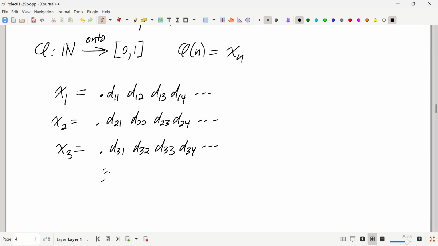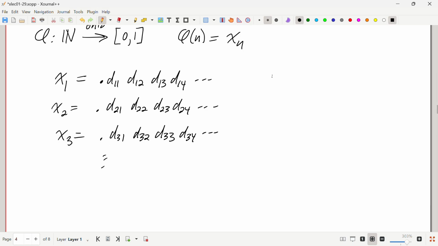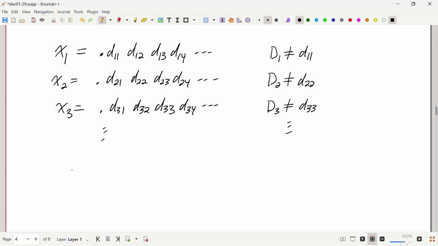And Cantor's brilliant idea was I can make something that doesn't get hit if I pick a D1 that's unequal to D11 and pick a D2 that's unequal to D22 and a D3 that's unequal to D33, etc. Then the real number that's dot point D1, D2, D3, etc. does not get hit.